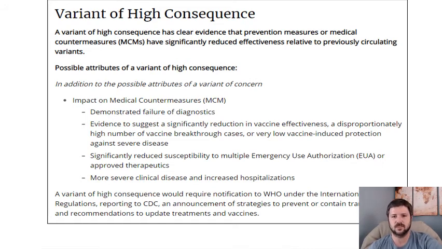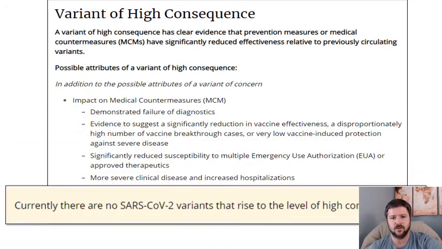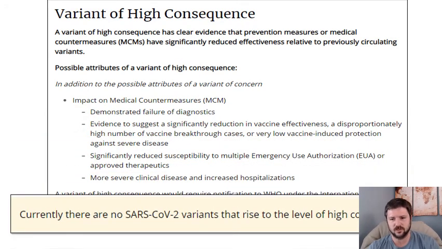So these are things that the WHO and the CDC in coordination also look for. And currently, as of whatever today is, somewhere in the middle of June, there are no SARS-CoV-2 variants that rise to this level. And so maybe the main take-home is, besides if you're interested in how they name viruses and where the variants come from, the names of the mutations, you'll see a lot in the news about different variants coming in, this strain emerging, and that's newsworthy.